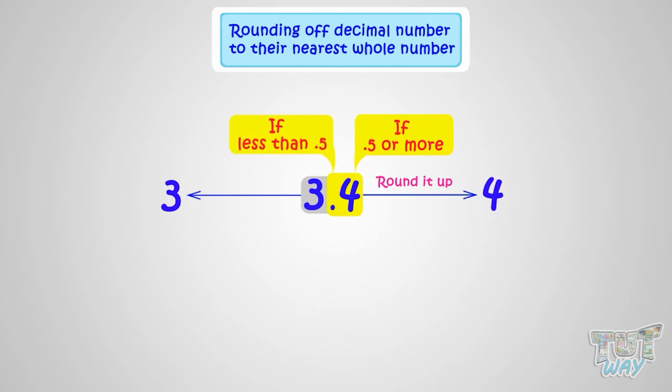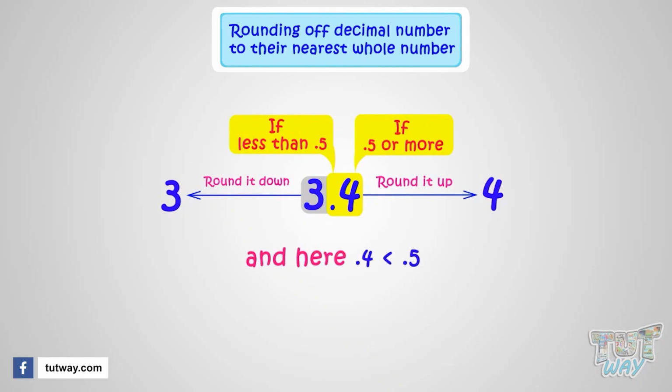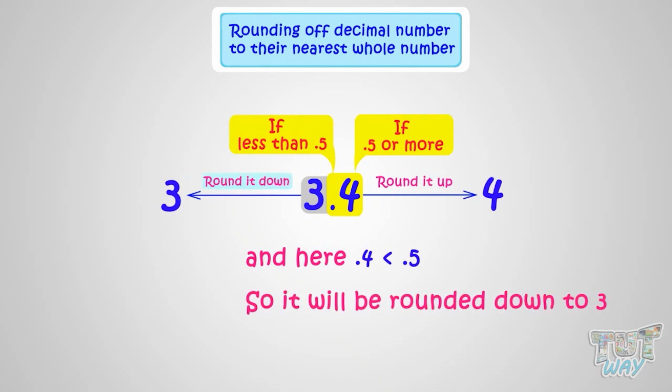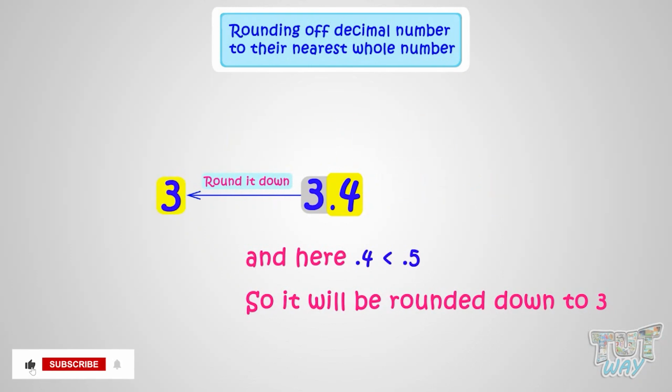And if it's less than 0.5, we round it down, as it means the number is more close to the previous whole number. And in this case, 0.4 is less than 0.5. So we will round it down to the previous whole number, that is 3.